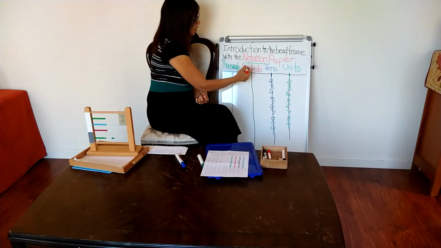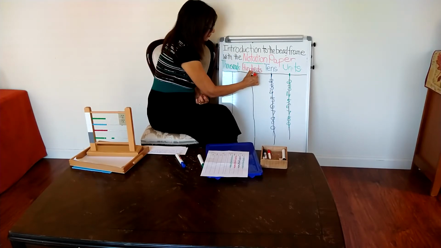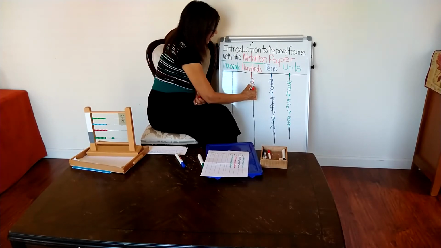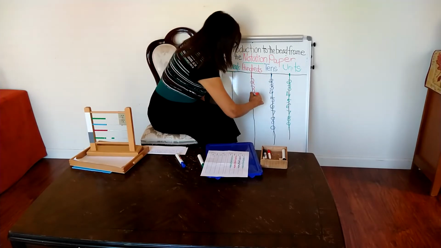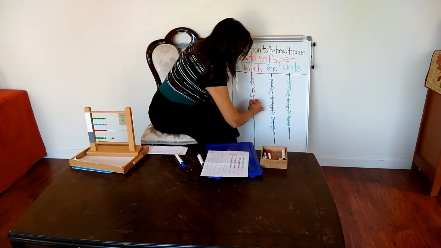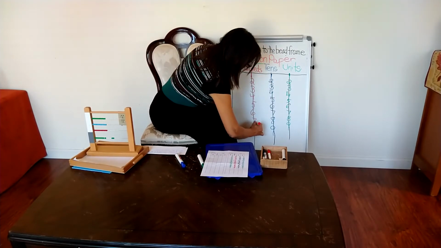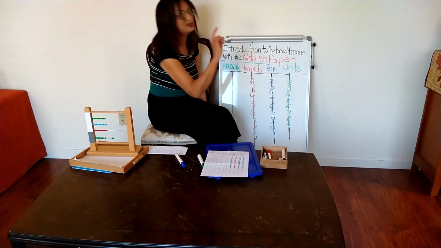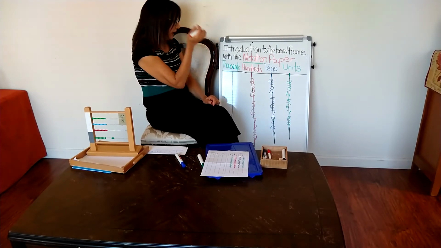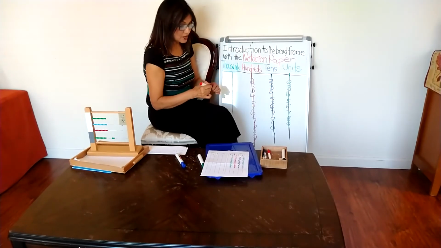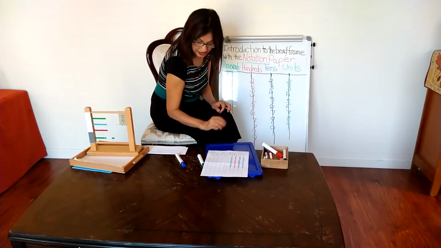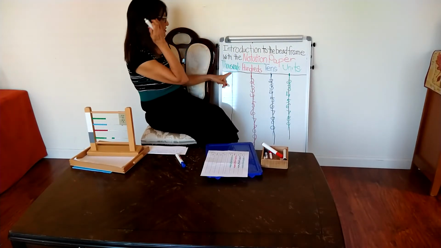Okay, now. So 100, 200s, 300s, 400s, 500s, 600s, 700s, 800s, and 900s. So when we add one more hundred, it becomes 1,000. So here is 1,000.